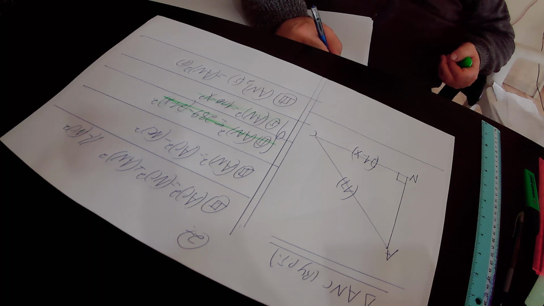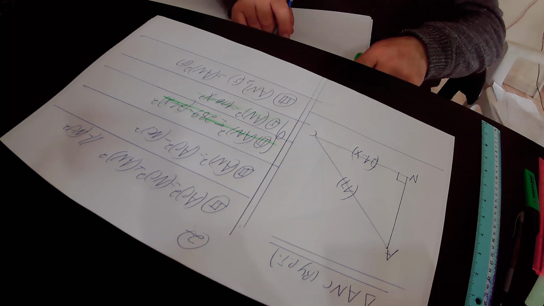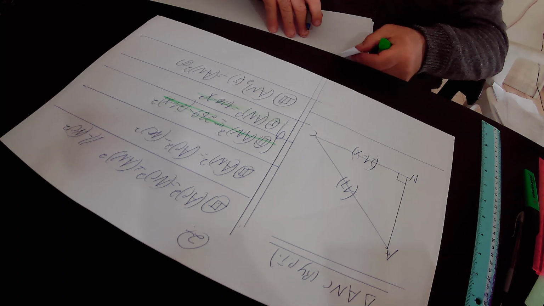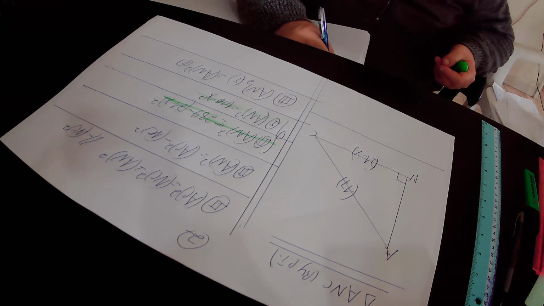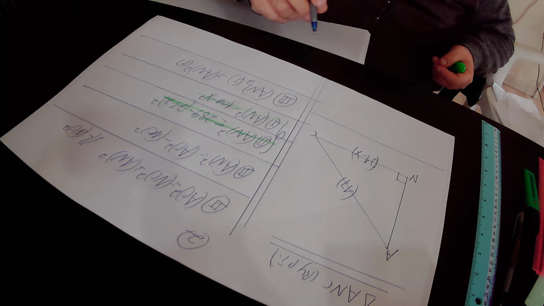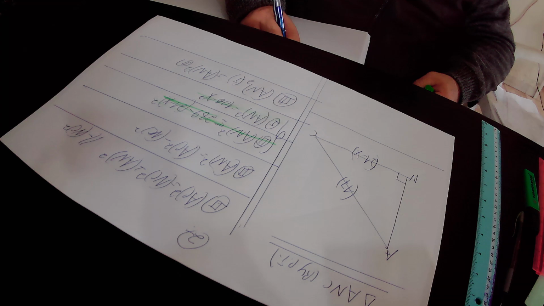AN squared according to equation 1 equals 100 minus x squared, and it must be equal to AN squared according to equation 2, which equals 289 minus (21 minus x) squared.